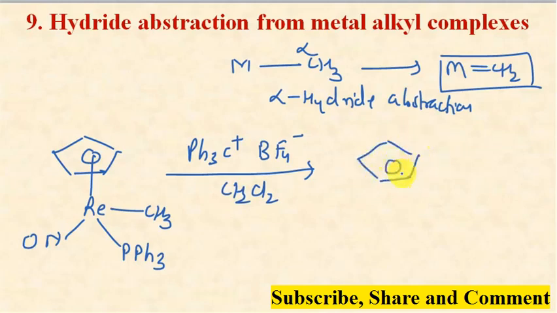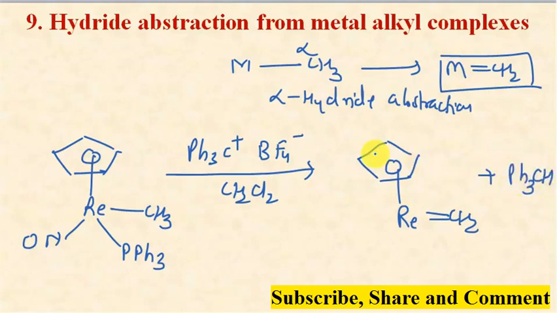There is formation of this carbene compound along with the loss of Ph3CH. So this positive part will abstract H negative from this part, and this complex will now be positively charged.